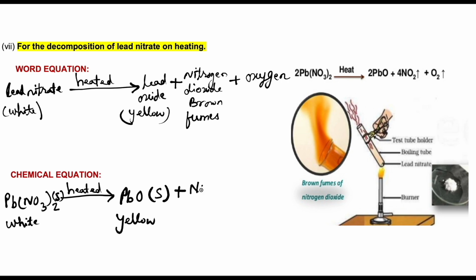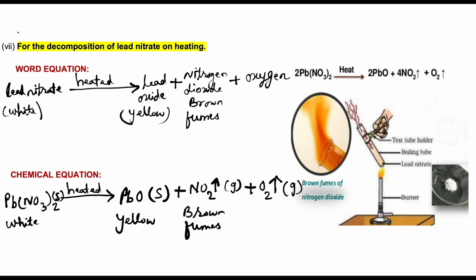Nitrogen dioxide gas evolves, which is marked with an arrow pointing upward. This is gaseous in nature, and this is the brown fumes, which you can see in the figure here. Then along with this, oxygen gas is also evolved. This is also shown with an arrow pointing upward. This is also gaseous in nature.